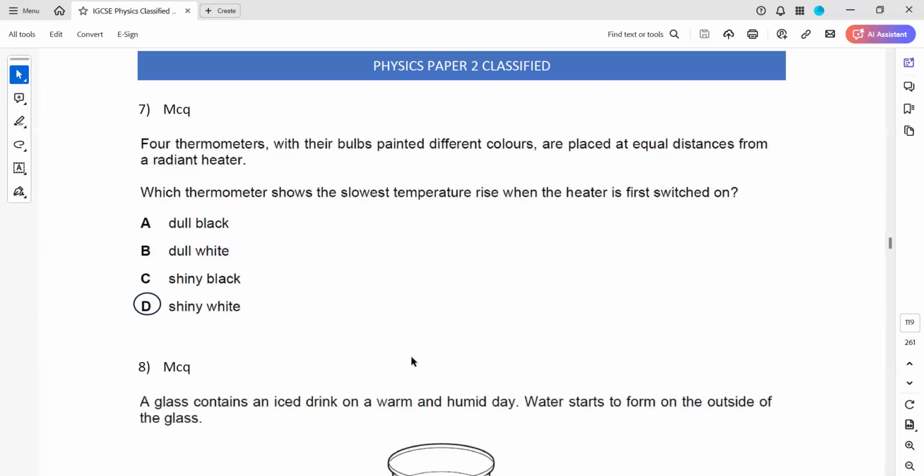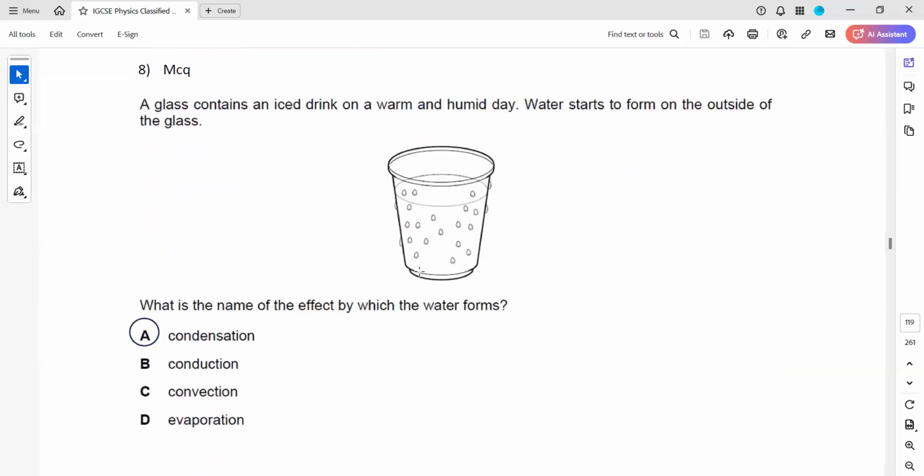Next we have question 8. A glass contains an ice drink on a warm and humid day. Water starts to form on the outside of the glass. Maybe you have seen that if you take a cold water bottle out of the fridge and keep it outside, condensation happens. Why? Because the object is cold.